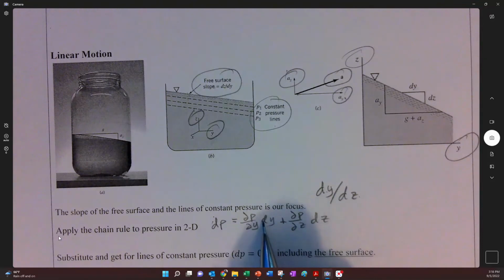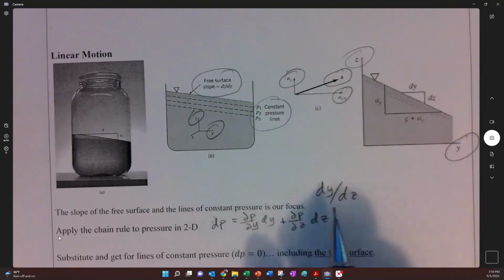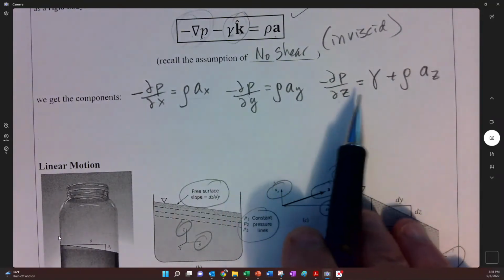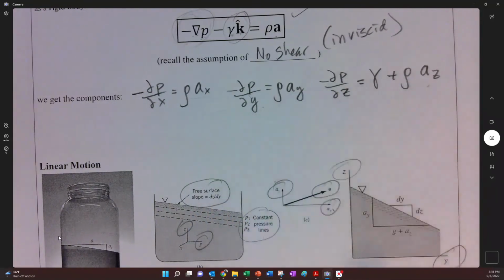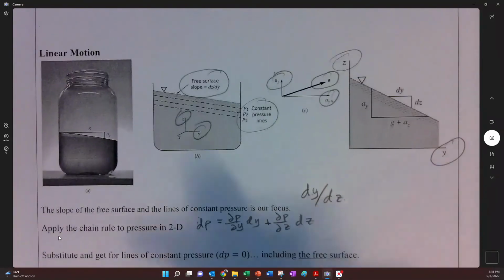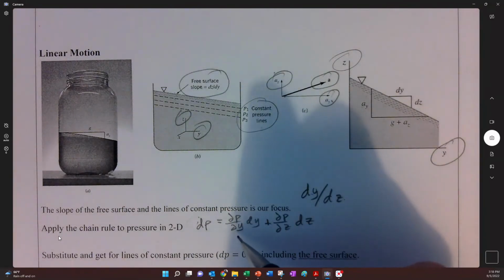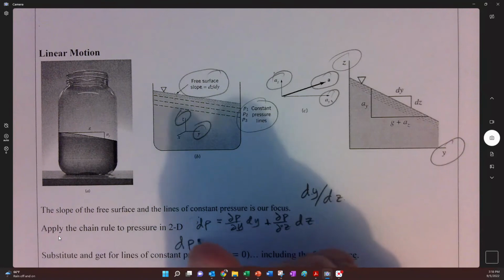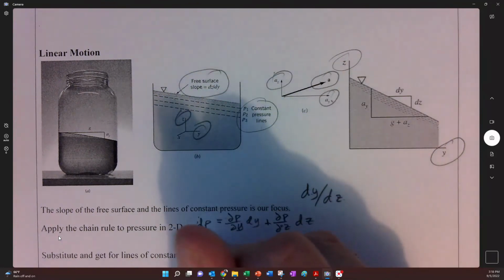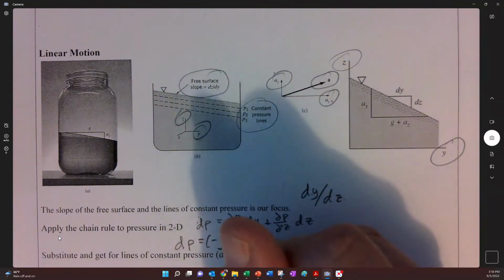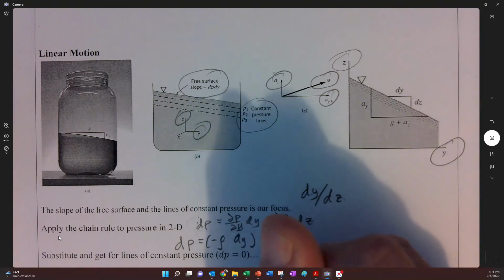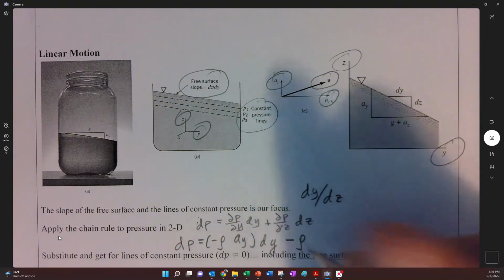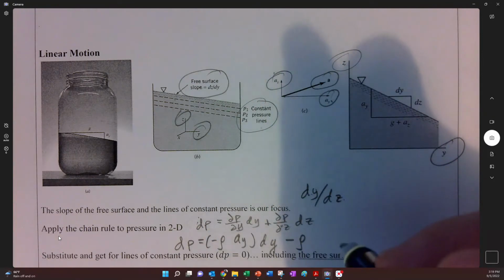Okay, so that's one of the ingredients. The other ingredient is what we've written up above, that we're substituting in here: dp is going to be negative rho a_y dy and minus, did I do that wrong?